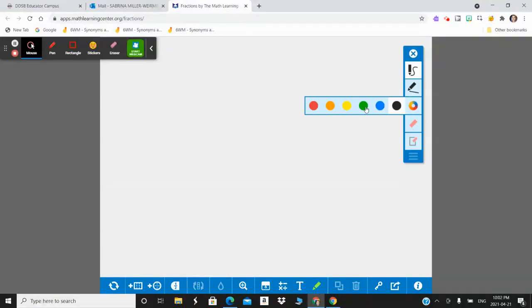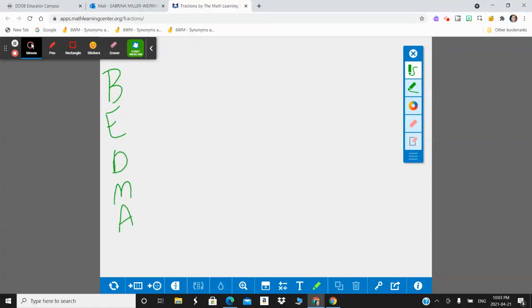Clear all my work. So as we're working with BEDMAS and we're building our confidence with this, we will just rewrite it. So I'm going to write my acronym to help me. Just gives me a visual checklist to go with. All right. So let's do another one. And I'll put some brackets in this one so we can see what that looks like.